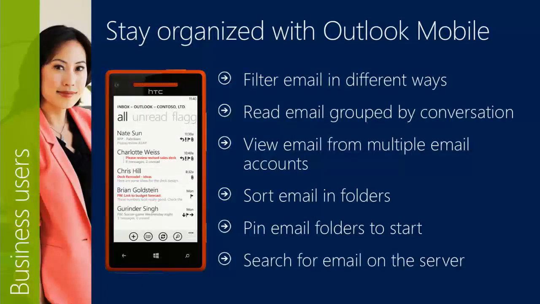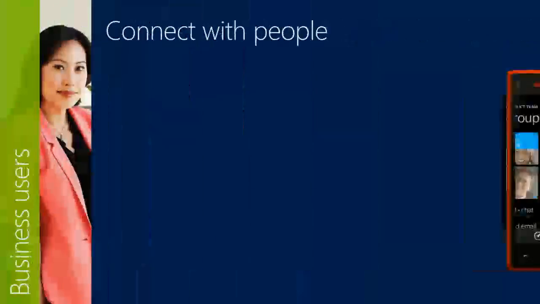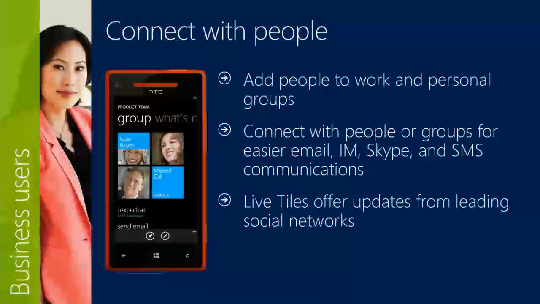Outlook Mobile is not just email. It also delivers all the information that comes with Exchange Server, including the contact list through the People Hub, that automatically gets synced to their phone so they can get access to all the people they know and communicate with them.